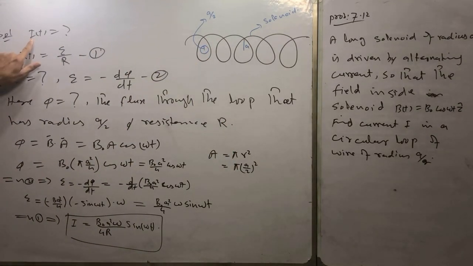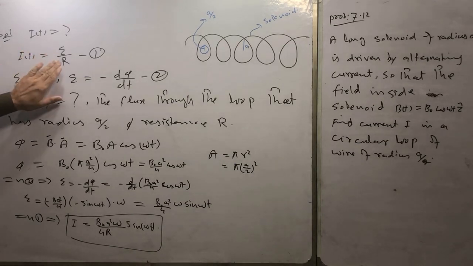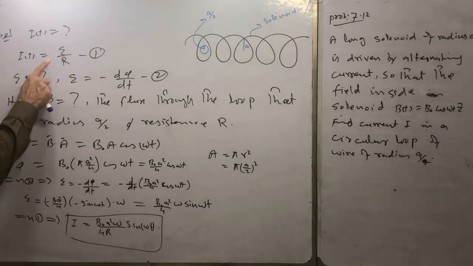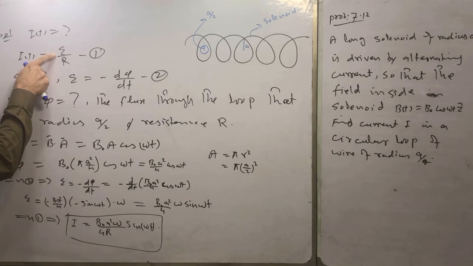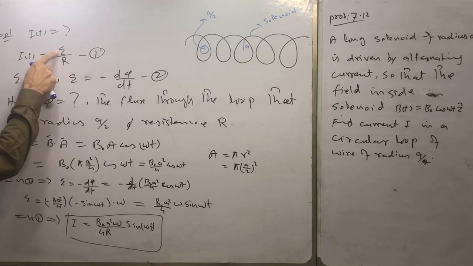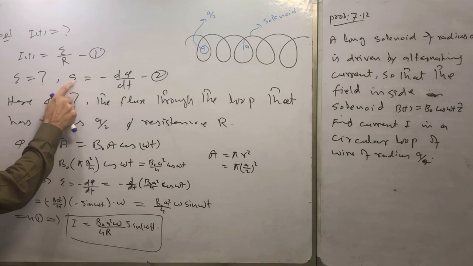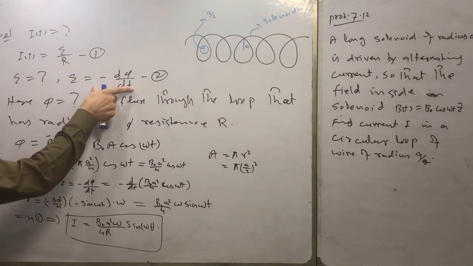So I of t is equal to, and the requirement is to find I. We know by definition, from Ohm's law, I is equal to E divided by R, because EMF is generated here. Then we need to find E, and we will use Faraday's law.